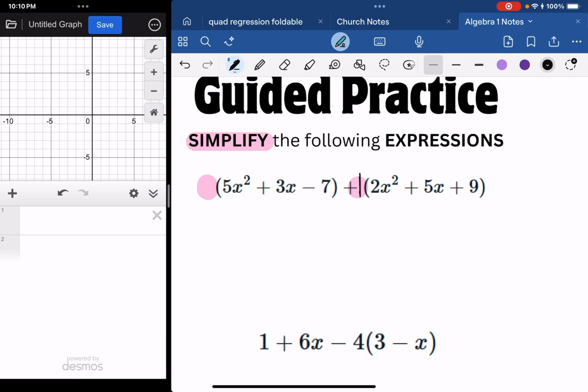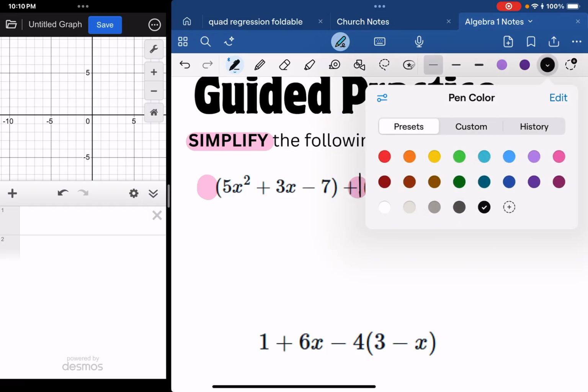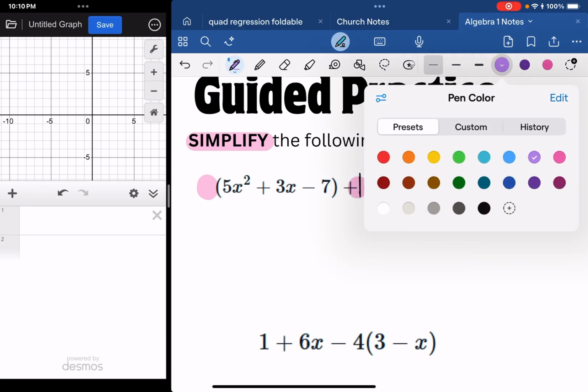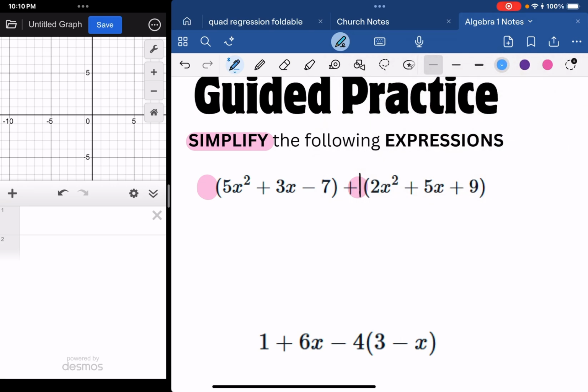And guys, what I do for this is I do different colors and shapes. Okay, so we're going to do pink, blue, and purple. Okay, so again, first step is to distribute, but if there's no number outside the parentheses, I don't distribute, I just combine. So again, like I said, x squareds.